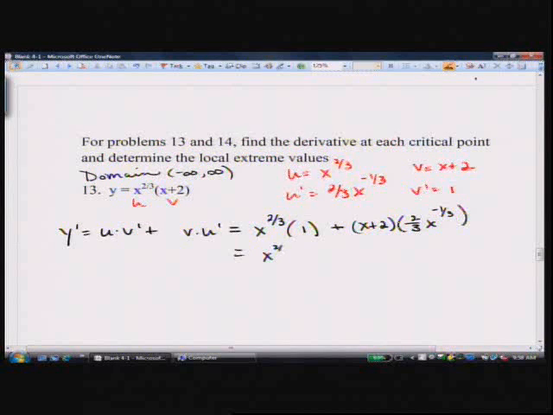which you can write as x to the 2/3 plus 2 times x plus 2 over 3x to the 1/3. This is a little technique that you do a lot, but you're going to want to get a common denominator, and when you do that, it makes the numerator really pretty. The common denominator will be that 3x to the 1/3, and you're going to multiply that by top and bottom.